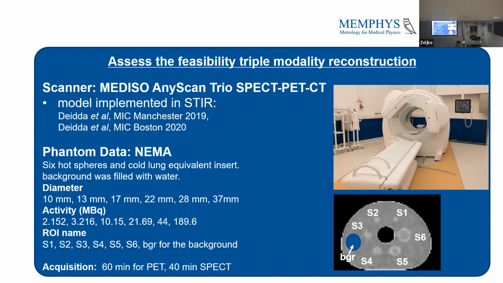I mentioned we have a scanner, the Mediso AnyScan Trio, that was previously implemented in the software for tomographic image reconstruction. We have a NEMA phantom with 6 spheres and also a cold lung equivalent insert at the center.